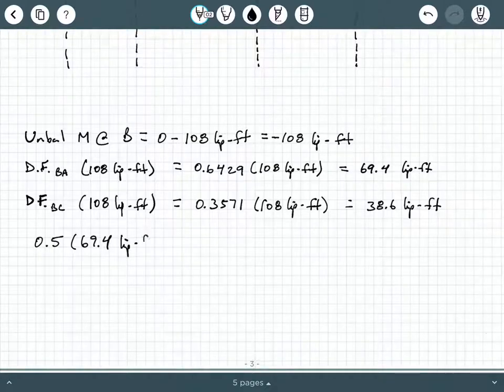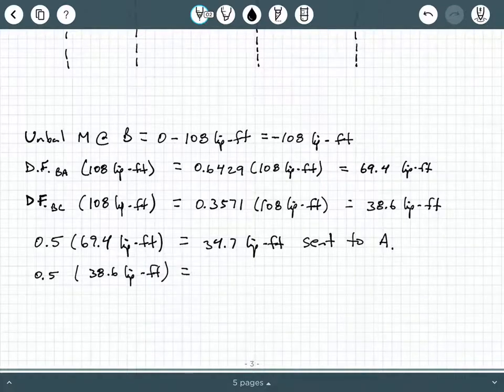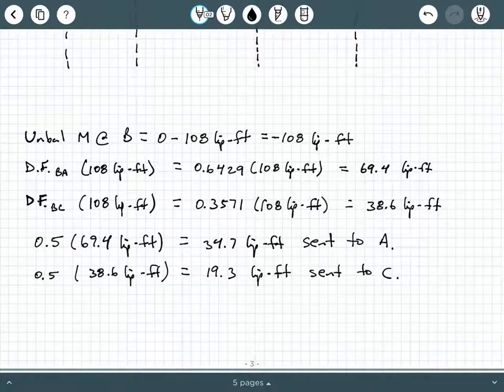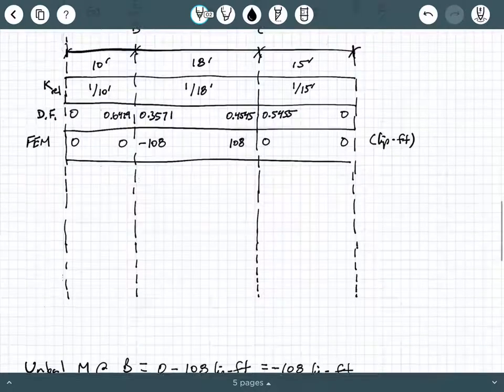So we're going to say 0.5 of 69.4 kip feet is equal to 34.7 kip feet sent to A. So that's carried over to A. And then we're going to say 0.5 times 38.6 kip feet equals 19.3 kip feet. And that's sent to C, or carried over to C.